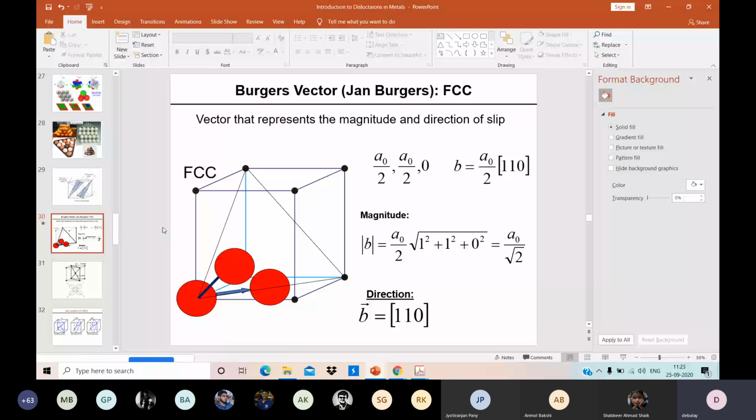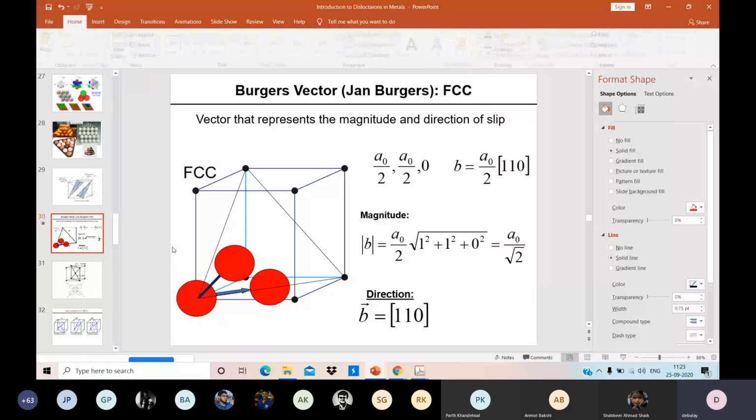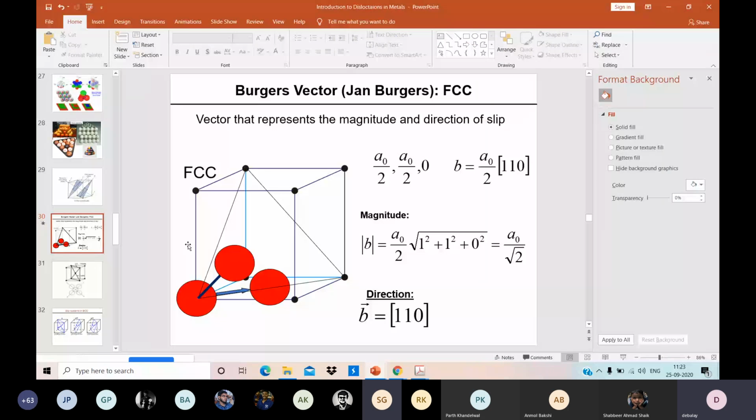I am not asking you to look at this unit cell wise; I am asking you to look layer wise. So there is no 1/4, 1/3. What is this position? What is that void? C. Yes, that is the C void.